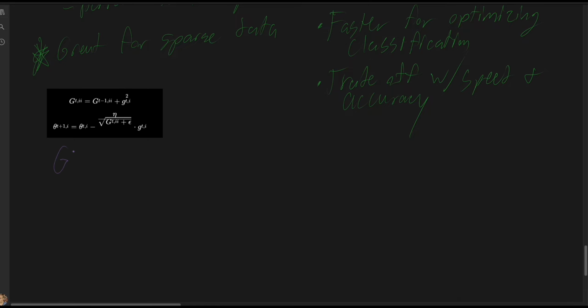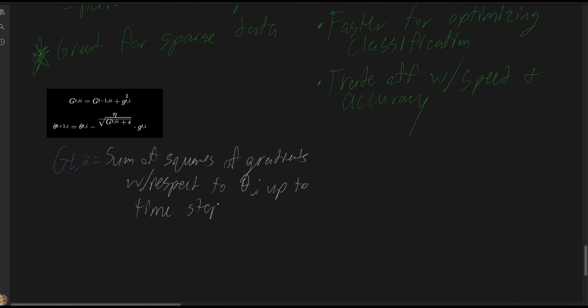So G of t,i is equal to the sum of squares of gradients with respect to theta up to time step t, and then mu refers to, as we know, the learning rate.